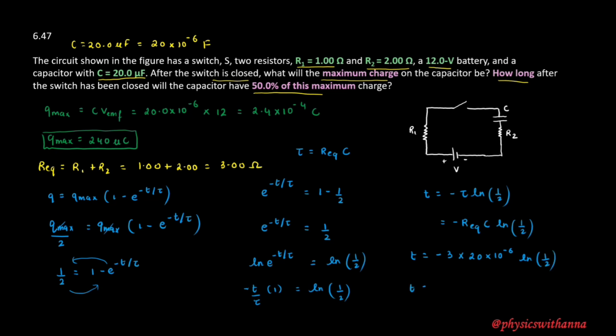And when you solve this, you get t to be equal to 4.158 times 10 to the power negative 5 seconds, which you can also write as 4.16 times 10 to the power negative 5 seconds, or 41.6 microseconds. So this is the time it takes for the capacitor to reach 50% of its maximum charge.